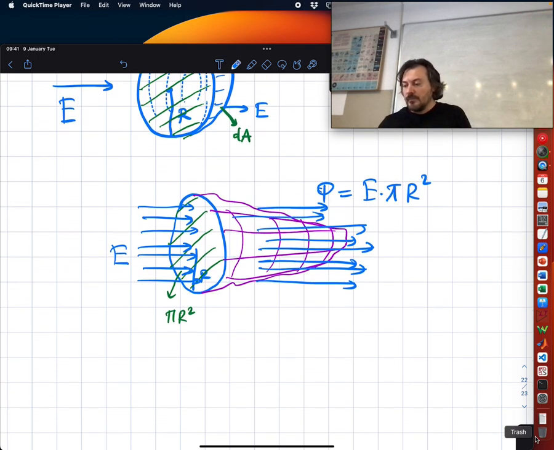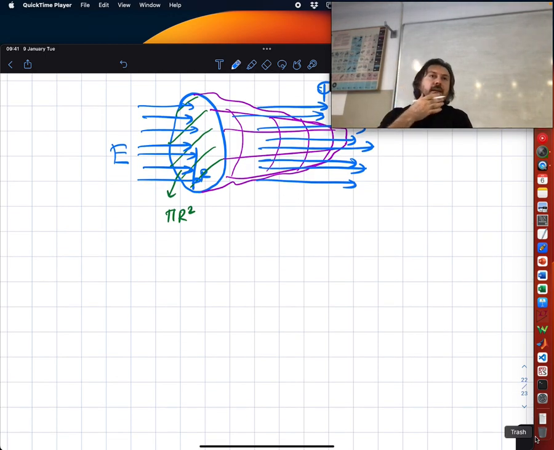So the direction of the area vector, we actually have sort of freedom there to choose which way it directs, depending on our purpose. In this particular case, my purpose was to show you that the flux over here is the same as the flux over here.